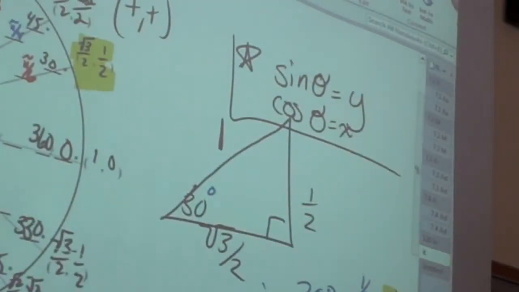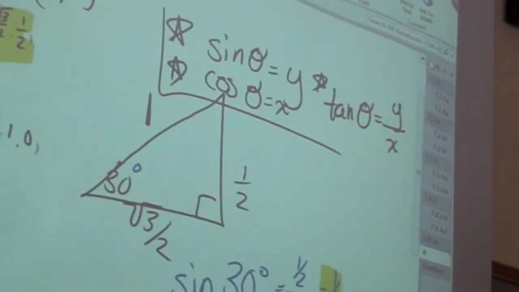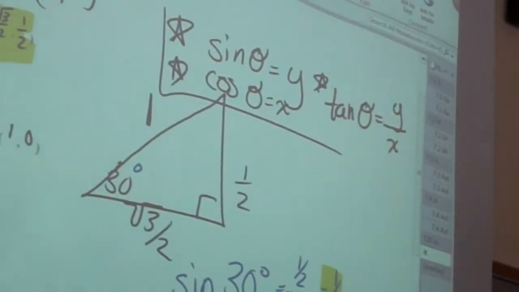So tangent of theta is y over x. So basically, if you're asked to find sine, cosine, tangent, cosecant, secant, or cotangent, you don't have to draw the triangle every time. You can refer to the unit circle, look at the coordinate point, and be able to pull out exactly where it is. Makes sense? We'll see a couple of these.